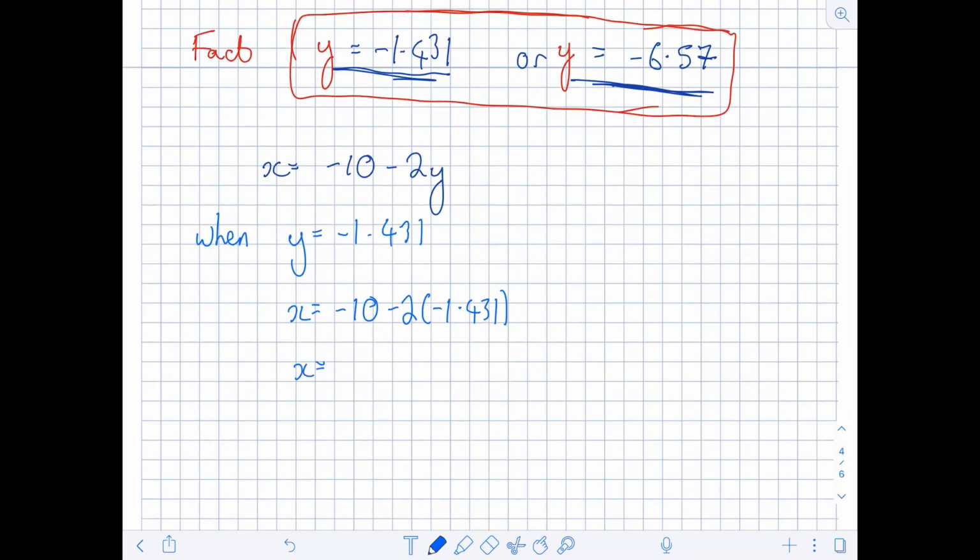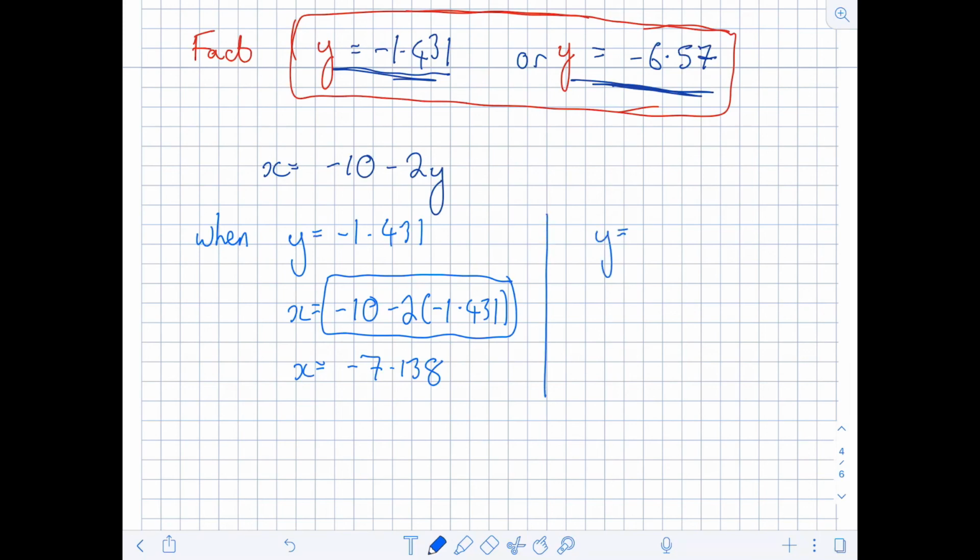I can put that into my calculator, there's no x's or y's in it: minus 10 minus 2 times minus 1.431, which is equal to minus 7.138.